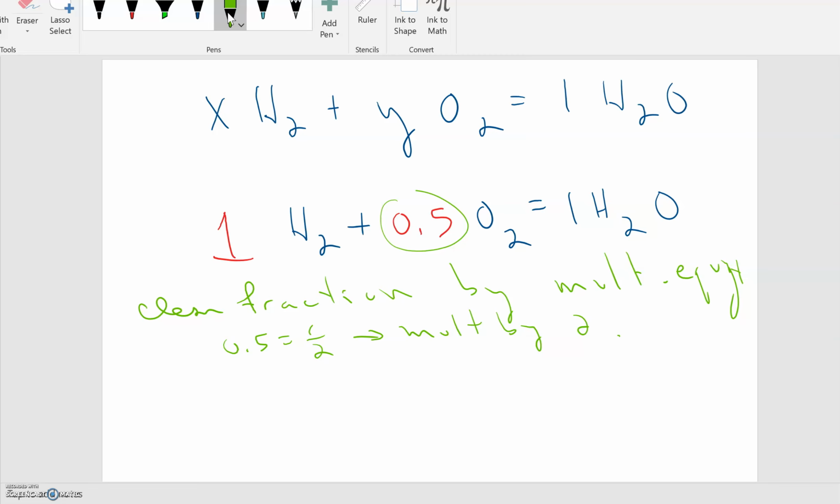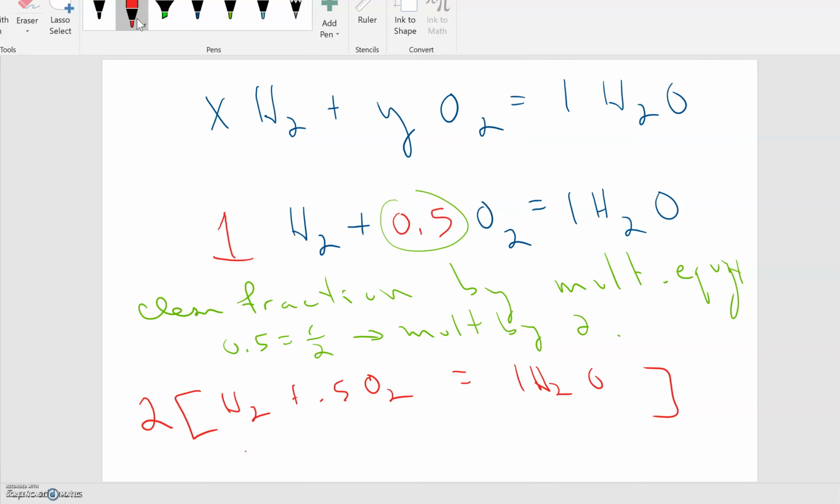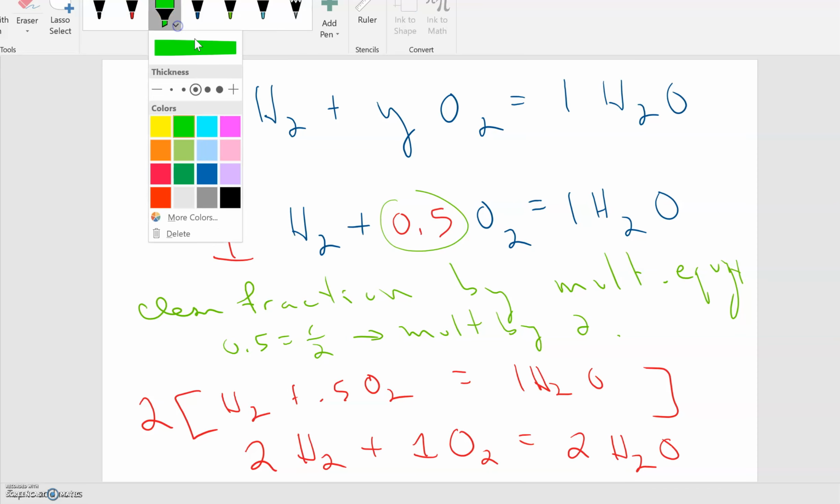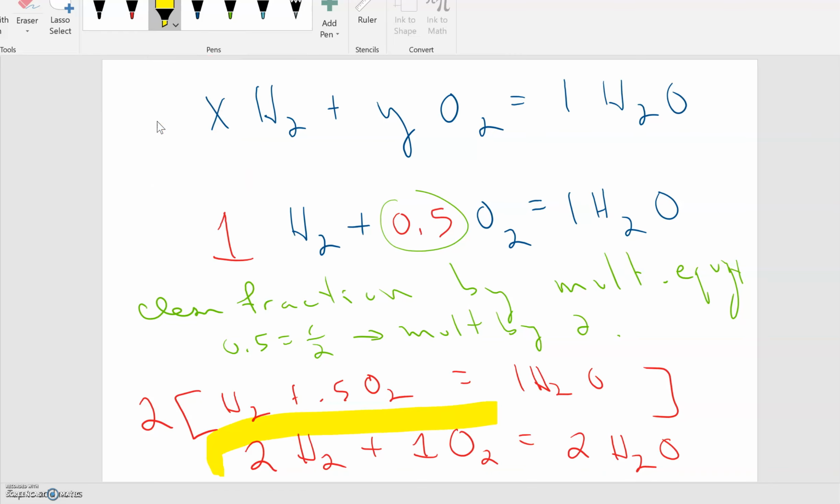I'm going to put a 2 times the entire equation, and so my balanced equation would be 2H2 plus 1 O2 equals 2 H2O. And now we have a balanced equation, and that would be my solution.